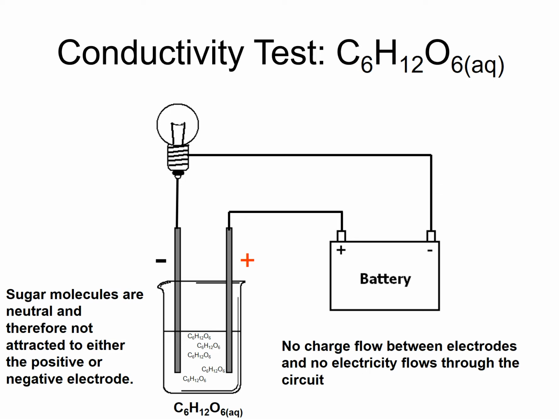Here, molecules are produced. No charge moves through the circuit, and no electricity flows through the circuit. Consequently, the light bulb doesn't light. Remember, when the light bulb lights, you've got ions present. When the light bulb doesn't light, there are no ions or charge carriers present in that beaker.